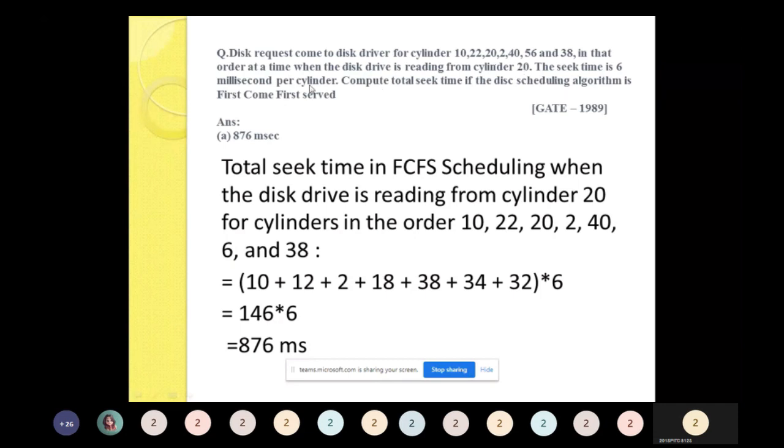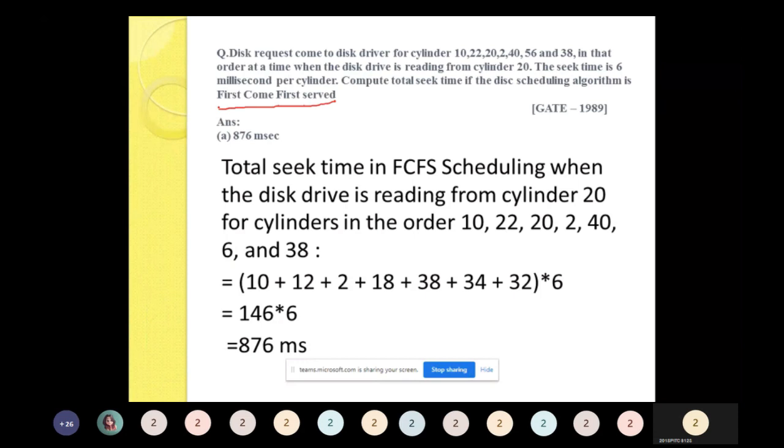The seek time is 6 milliseconds per cylinder, so for each cylinder moved, 6 milliseconds of seek time is needed. Compute the total seek time if the disk scheduling algorithm is first come first served, the FCFS scheduling method.